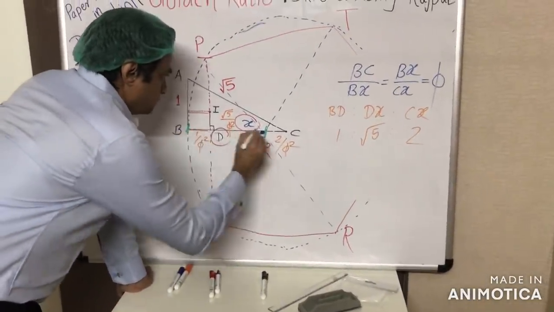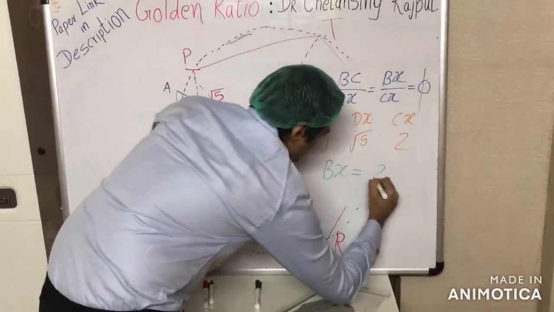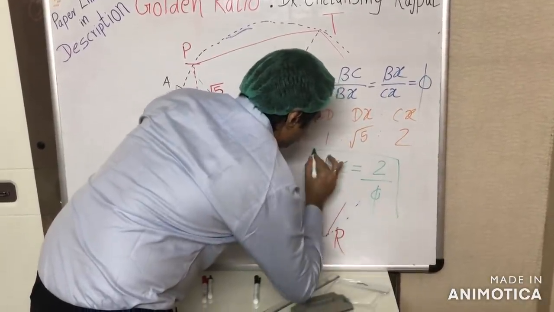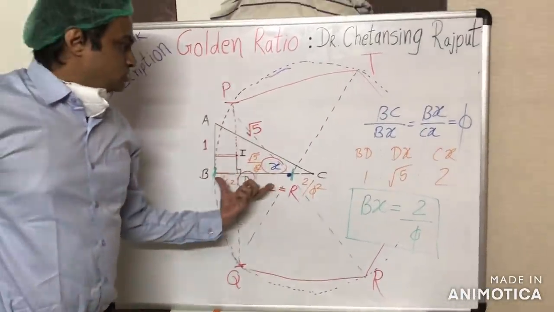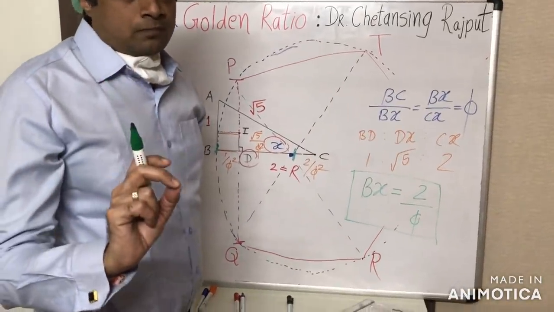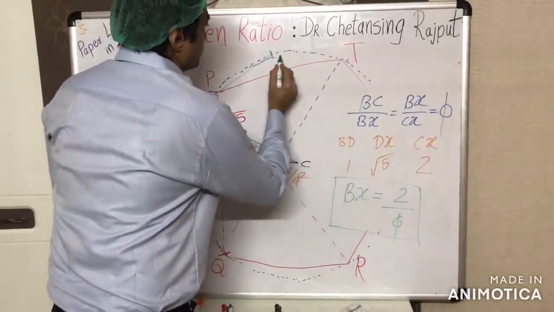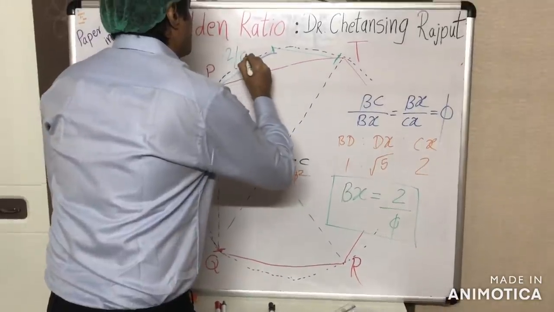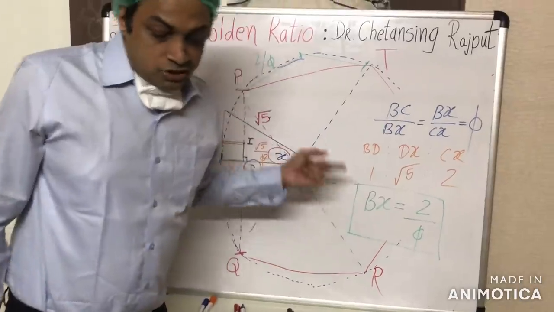This length BX is precisely equal to 2 upon golden ratio. This length provides the side of a regular decagon. This length, 2 upon golden ratio, is the side of a golden decagon that can be inscribed in the same circle.